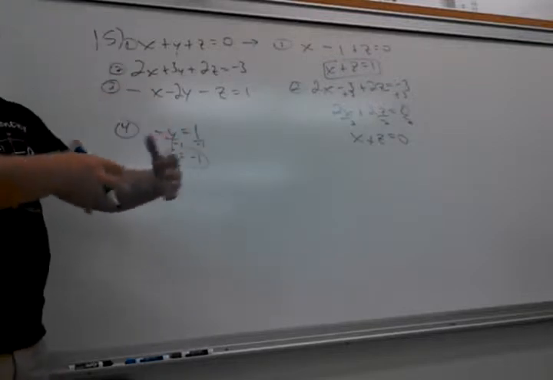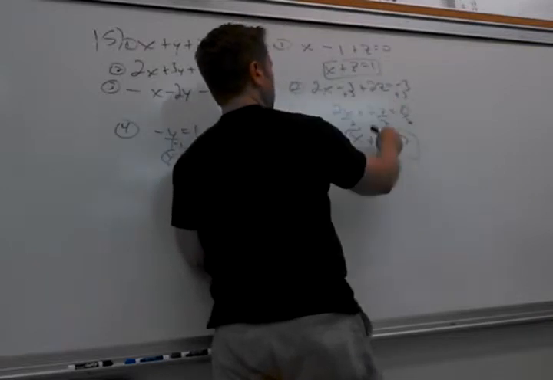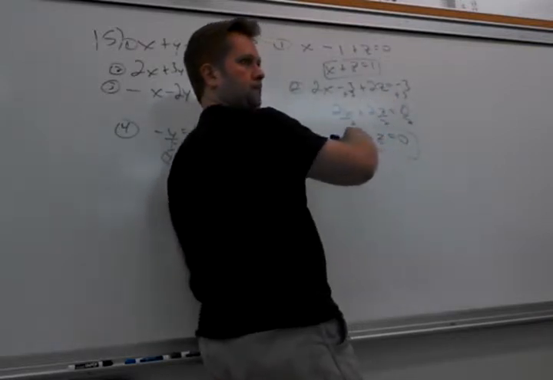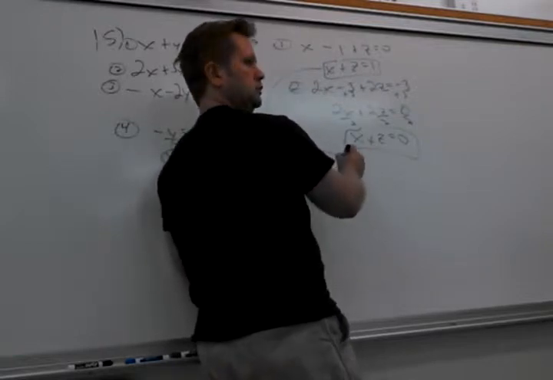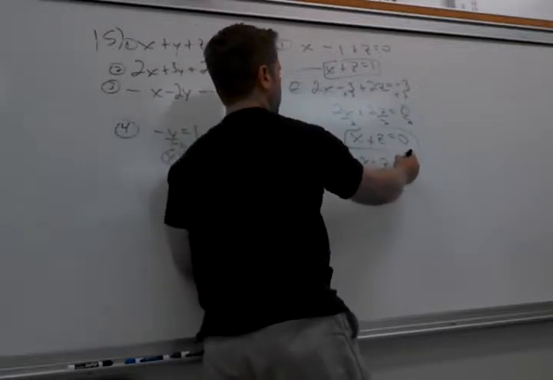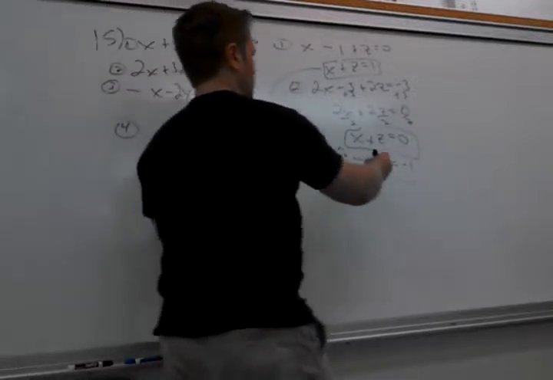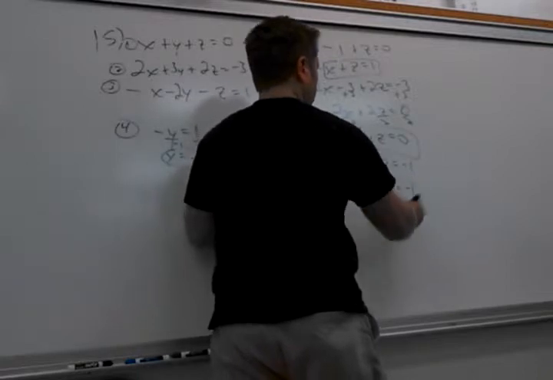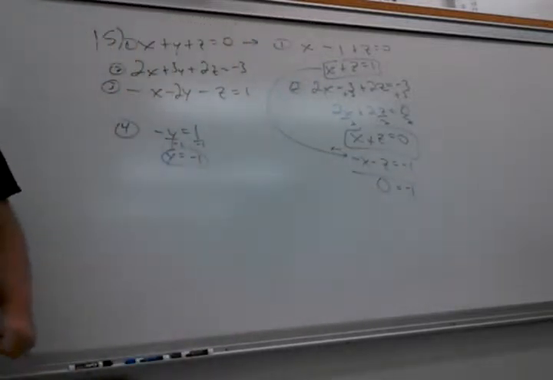Now what additional weirdness just happened? Does anybody see what's going to happen between these two? Both variables are going to go. Yeah, but take this one and multiply by what? If I multiply by negative 1, I get negative x minus z equals negative 1. So I get 0 equals negative 1, which is false.